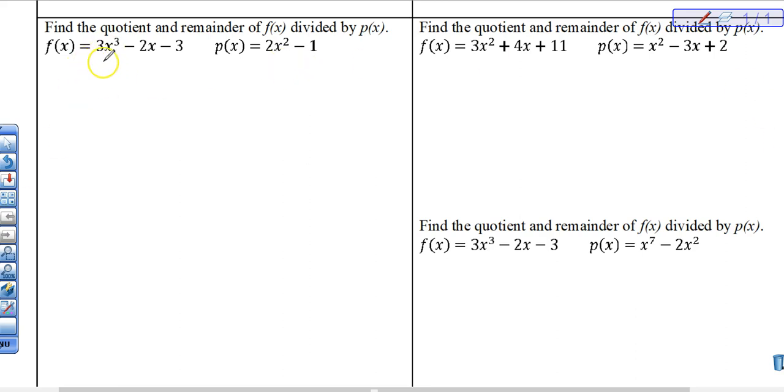First thing I focus on is, do I need to fill in any place values? Cubed, 3, 1, none. I need the 2. And here I have 2 and then none. I need the 1. So I would do this: 2x squared plus 0 x's, there aren't any of those, minus 1 goes into 3x cubed plus 0x squared, because there weren't any of those, minus 2x minus 3.